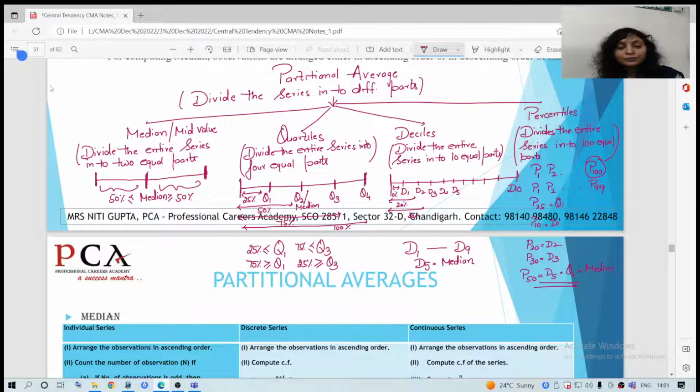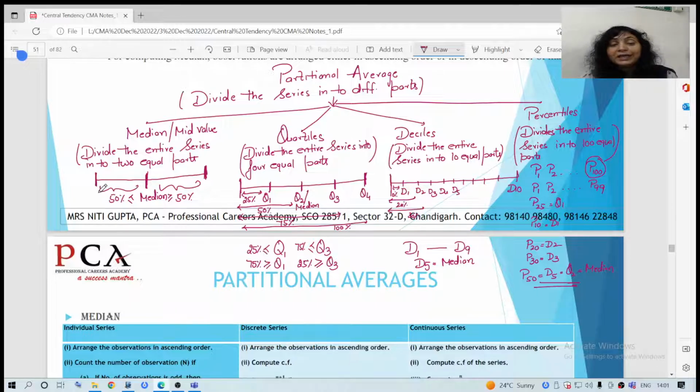I hope this is clear, what the different partitional averages are. They are classified on the basis of number of partitions. So median has 2 partitions, quartile has 4 partitions, decile has 10 partitions, and percentile has 100 partitions.